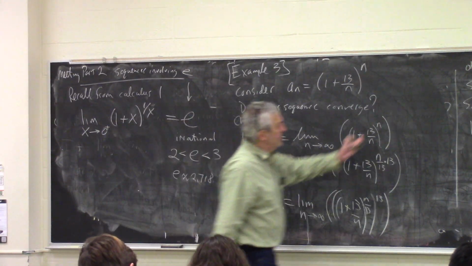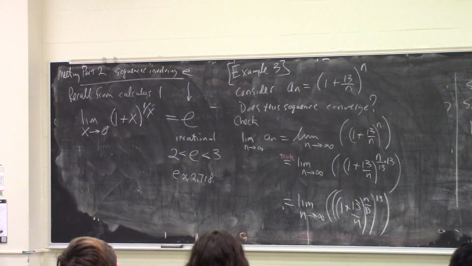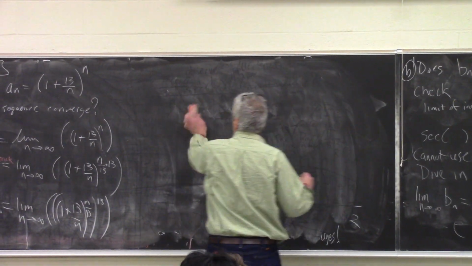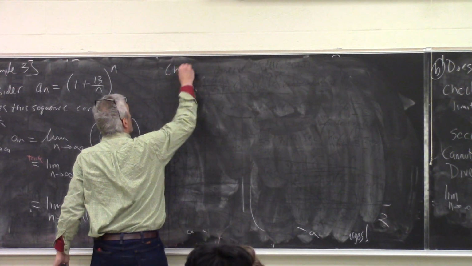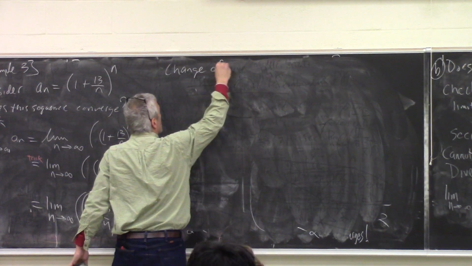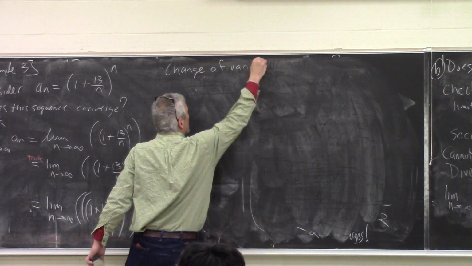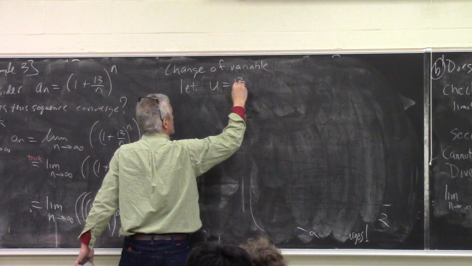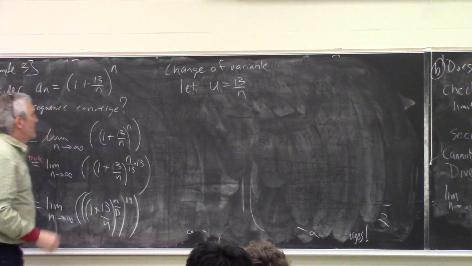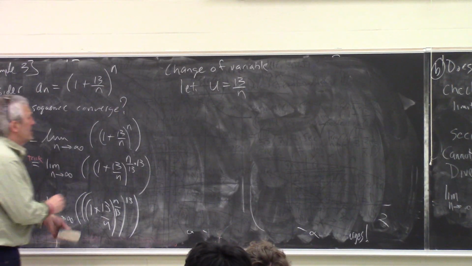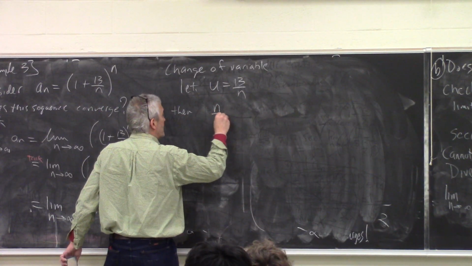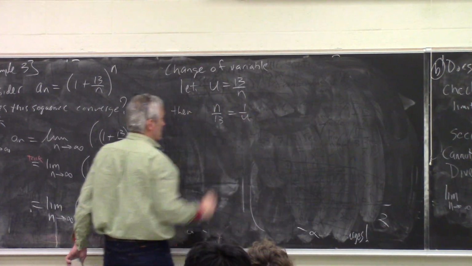All right. Now I'm going to do something else tricky. I'm going to do a change of variables. Let's let u equal 13 over n. Then n over 13, of course, would be 1 over u.